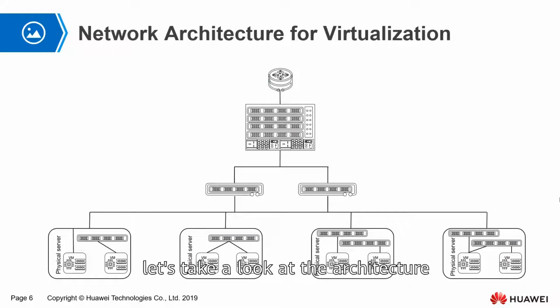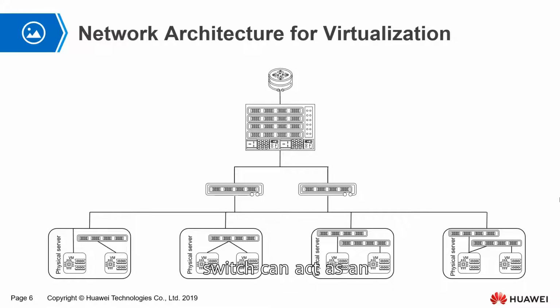First, let's take a look at the architecture of the network in virtualization. The network architecture in most virtualization solutions is familiar. The bottom part is the physical server. The physical server is connected to the layer 2 switch. This layer 2 switch will be used as an access switch. Then, the layer 2 switch goes up to a layer 3 switch.